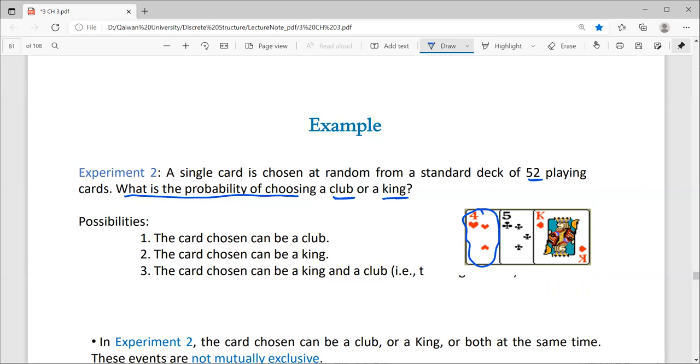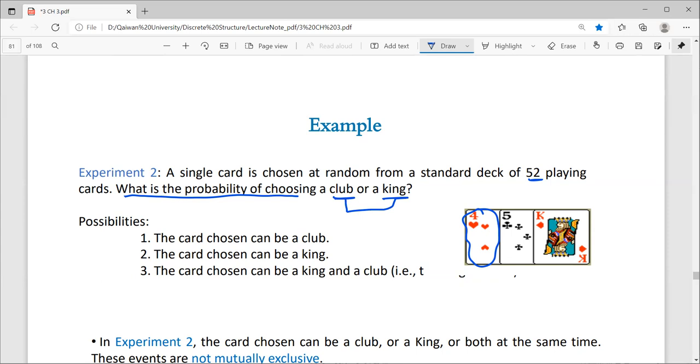Okay, and here there is something in common: the king could be a club, we have the king of clubs. That means there is common between them.